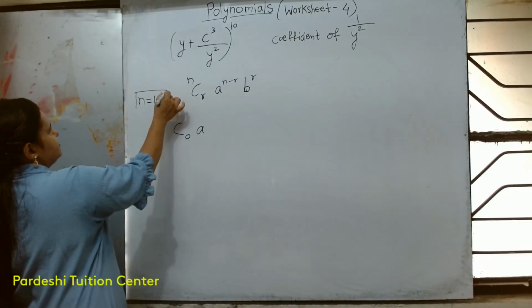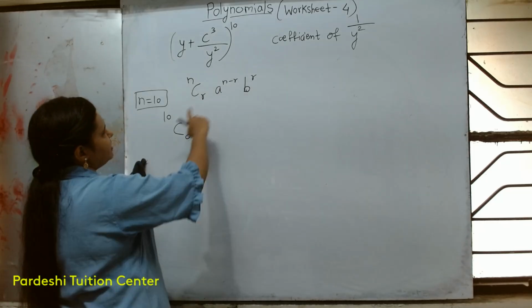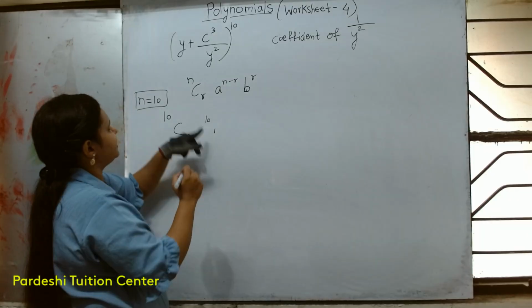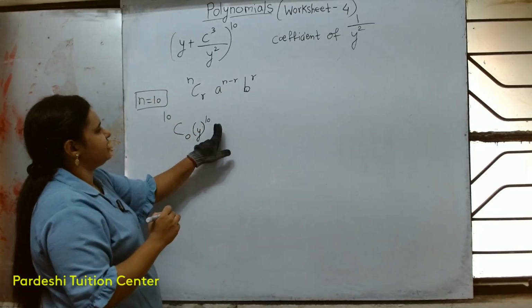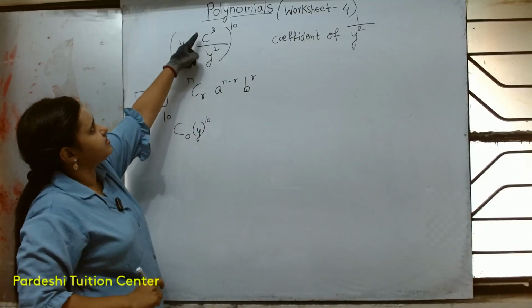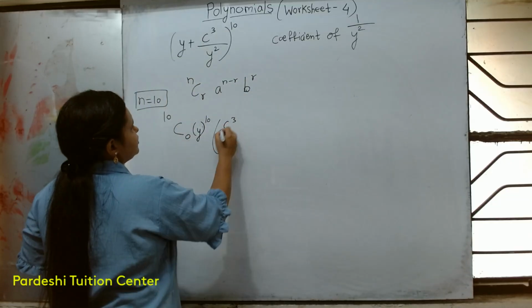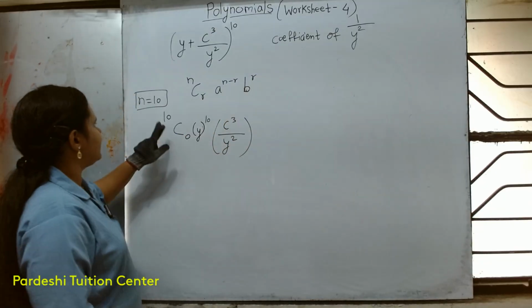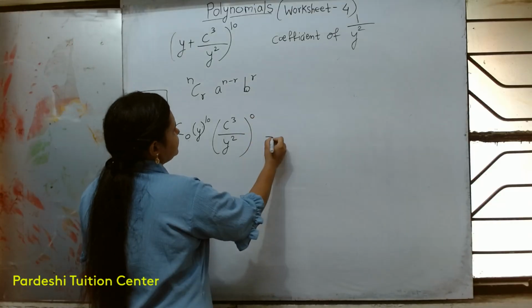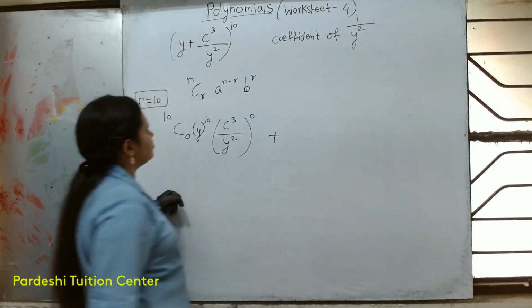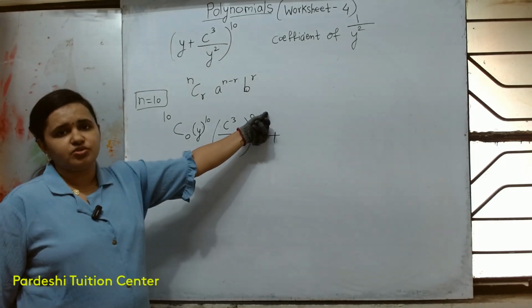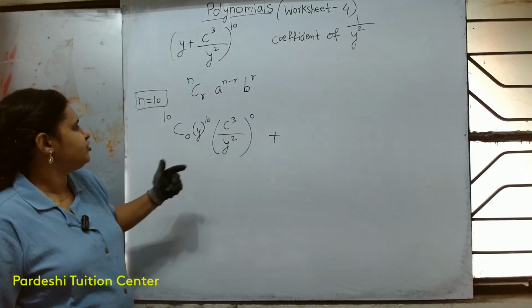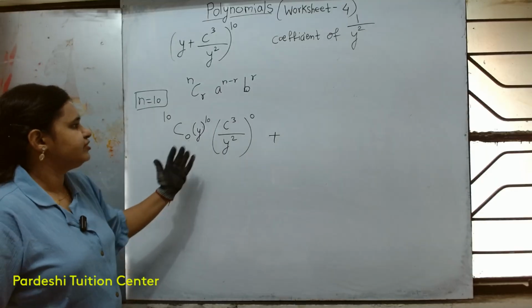So that is 10, and here a is y, that is y to the power 10, and b is c cube upon y square, so we take c cube upon y square to the power r, and r is 0. Now y square to the power 0 will be equal to 1, and y to the power 10 is remaining. Do you find 1 upon y square here? No. So we have to find the next term.